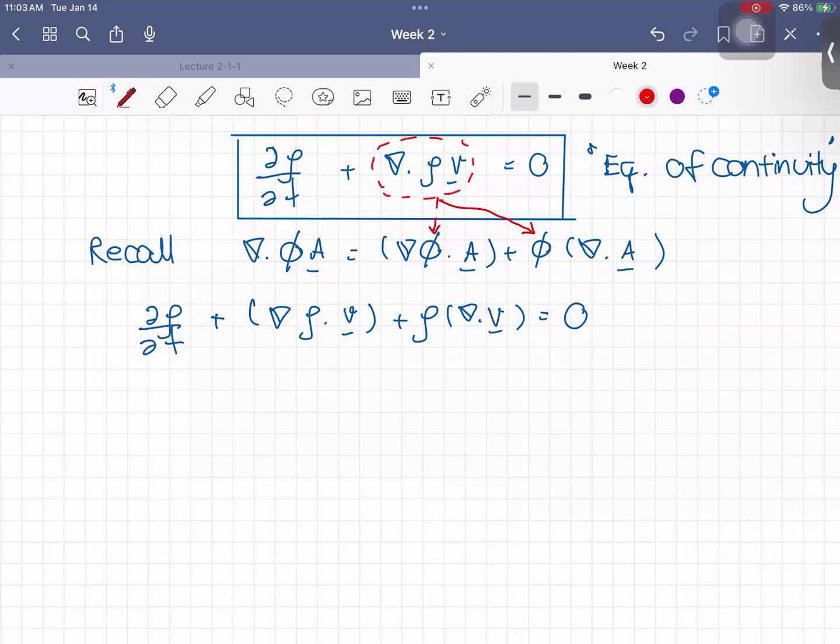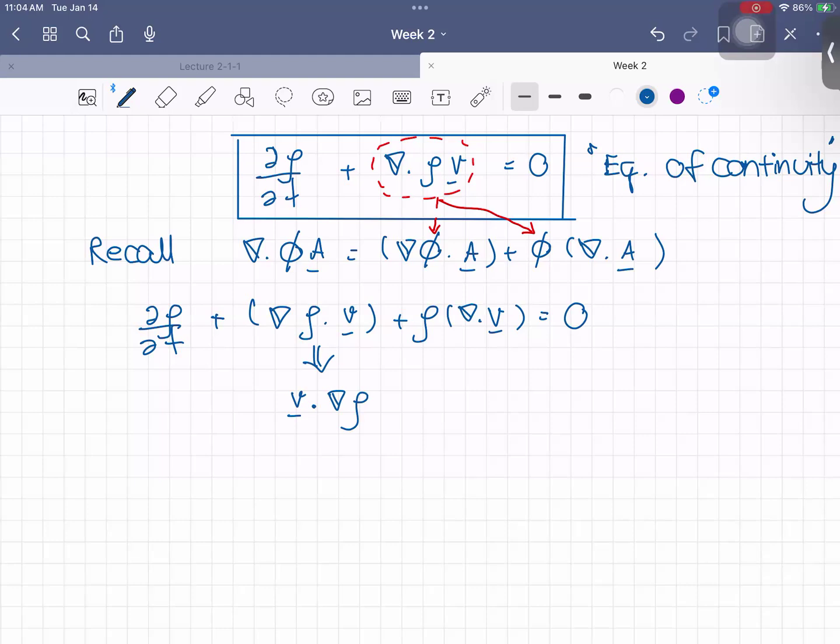You can take ρ equivalent to φ because both are scalars, and velocity and vector A are both vectors, so they are equivalent. So you can rewrite the equation like that. This term right here, we can actually switch, so we can write this as v·∇ρ.